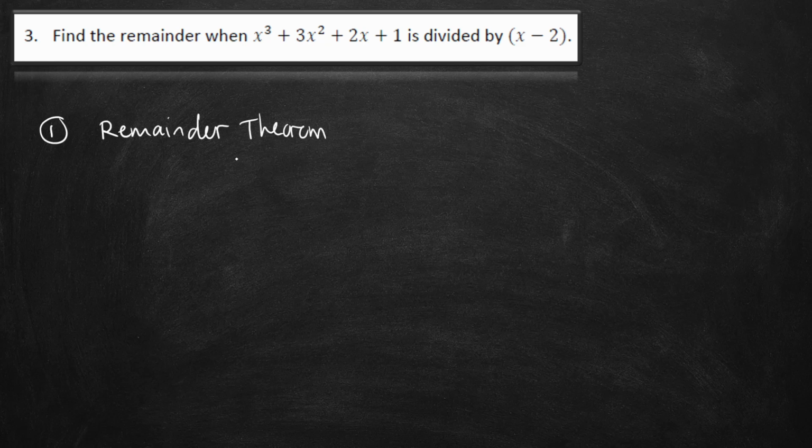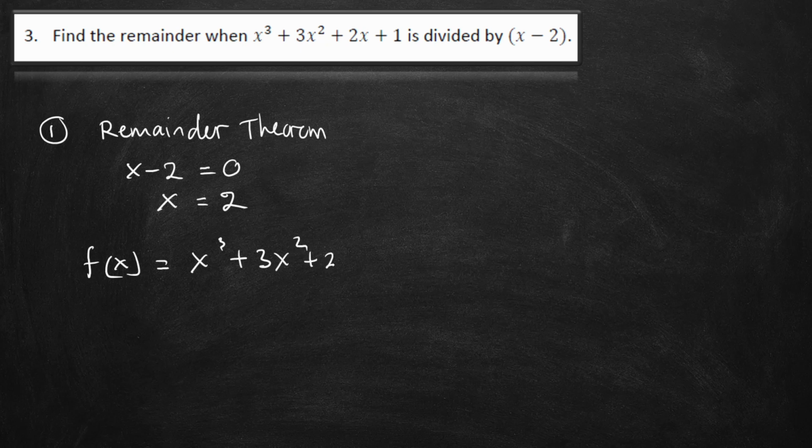So the remainder theorem is that we can use this x minus 2 equals to 0. So this x minus 2 is actually the divisor. So it means that we will have x equals to 2. So with this one, we can now write down again the function f(x) equals to x power of 3 plus 3x power of 2 plus 2x plus 1.